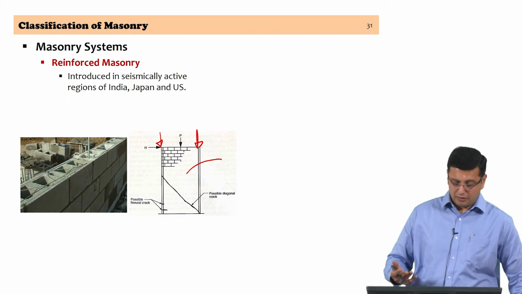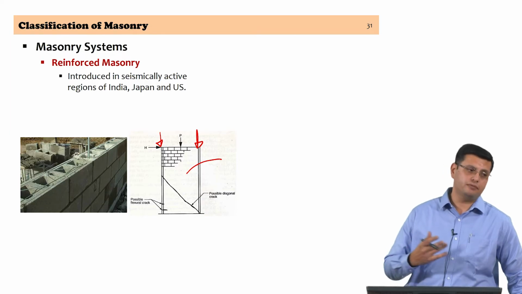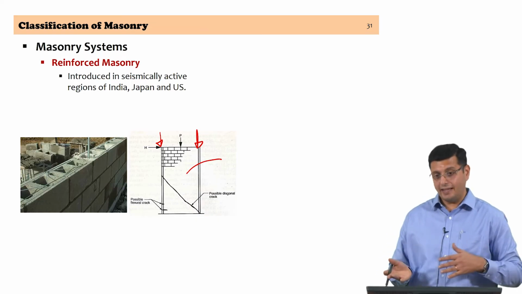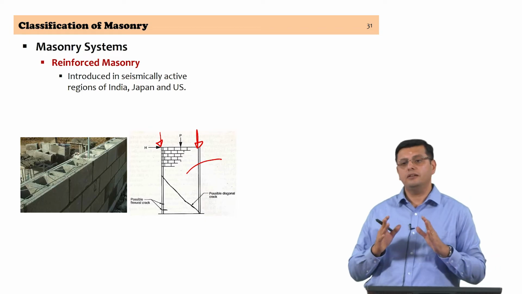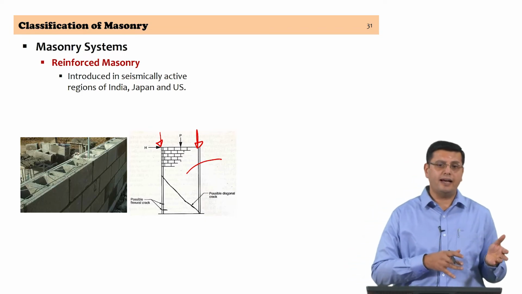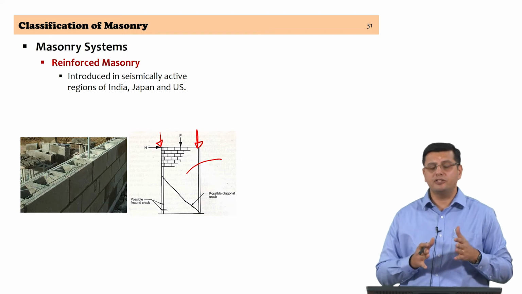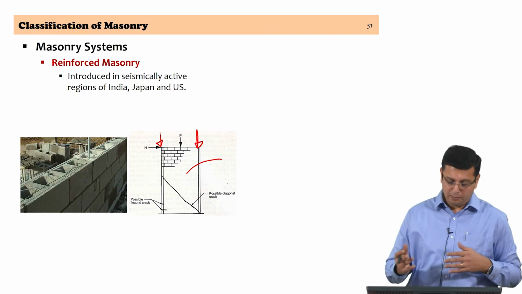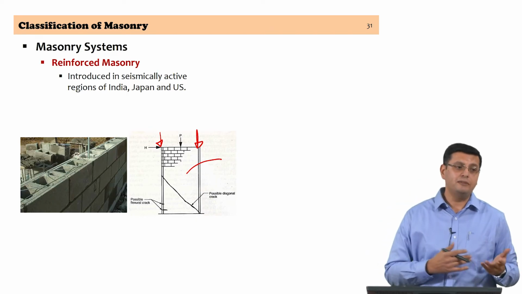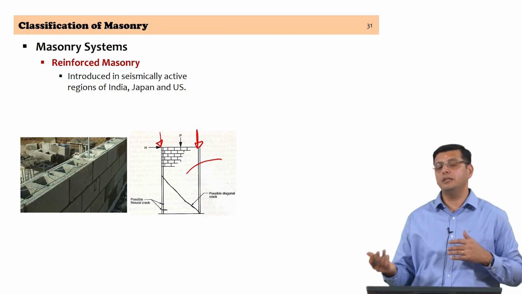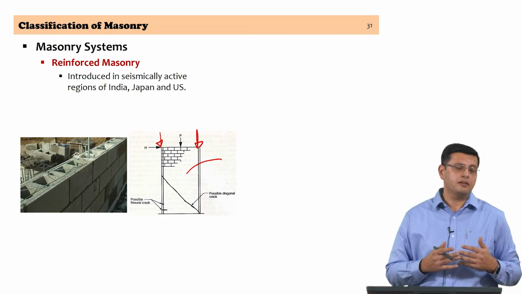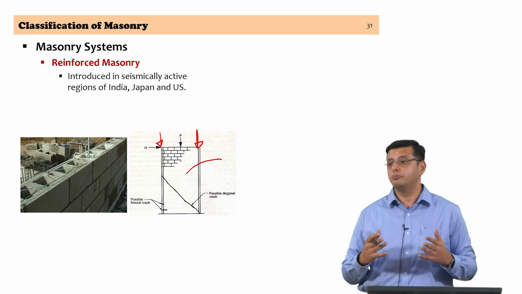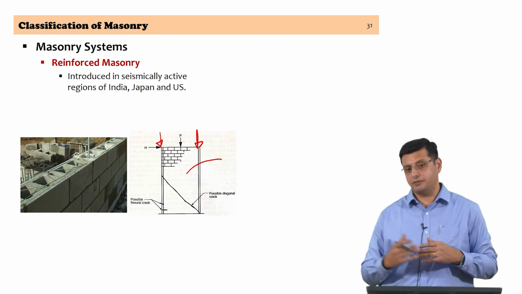Now, there are different possible mechanisms for cracking under a combination of gravity and lateral forces, and hence depending on the geometrical configuration, are we looking at walls of an aspect ratio less than 1 or an aspect ratio larger than 1, masonry walls to resist in-plane shear would have to be designed with reinforcement that matches the kind of mechanisms that you want to avoid at failure.